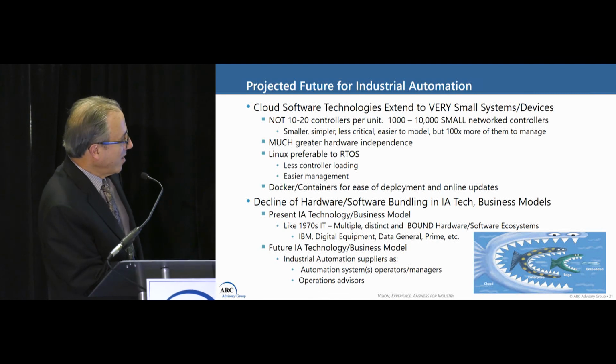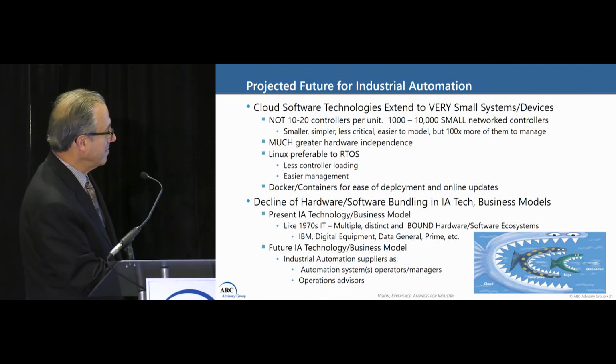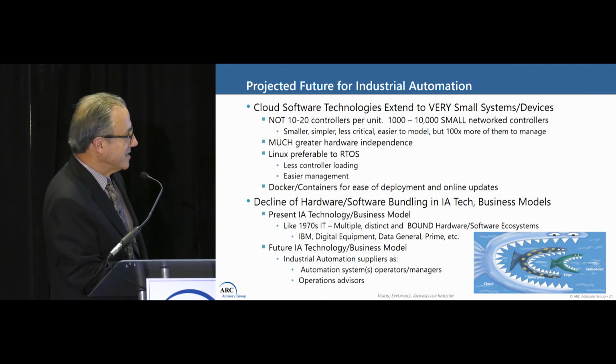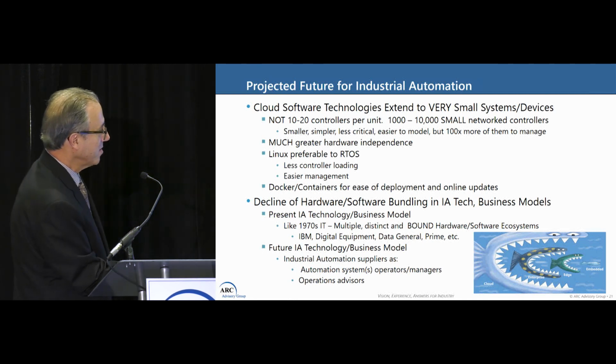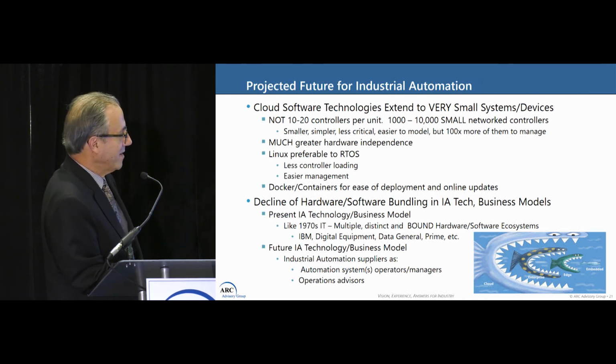So what does this mean for automation? My projection is that these kind of cloud technologies are going to extend to the edge in terms of the development and deployment of software. So we will see not 1 or 20, but 1,000 or 10,000 network devices with automation pieces or IoT pieces that will be much simpler and less critical.